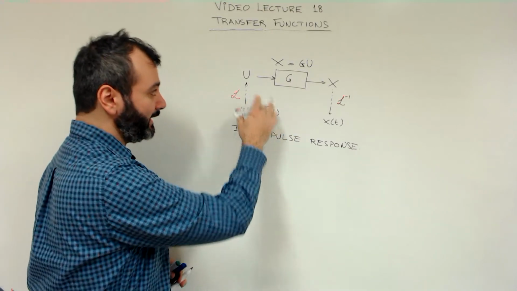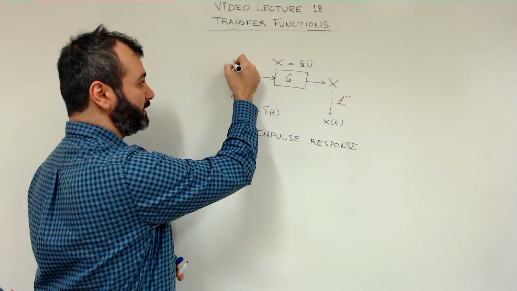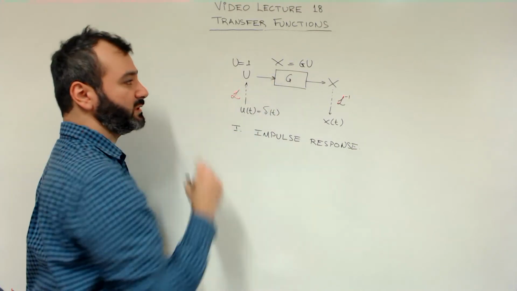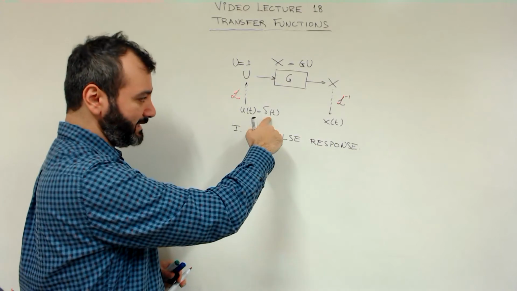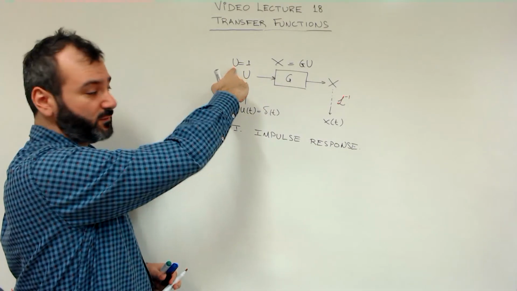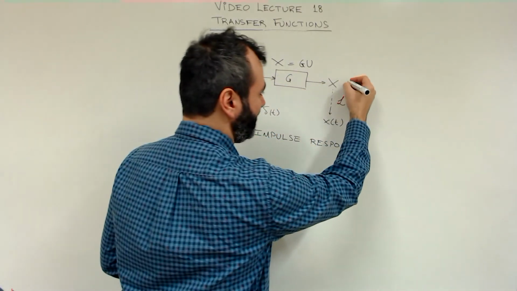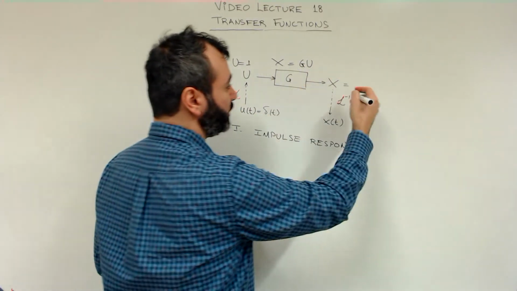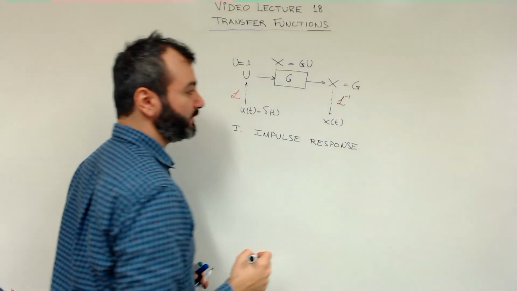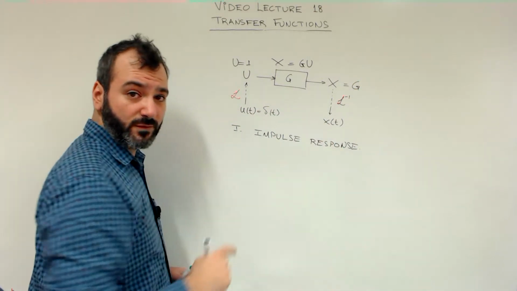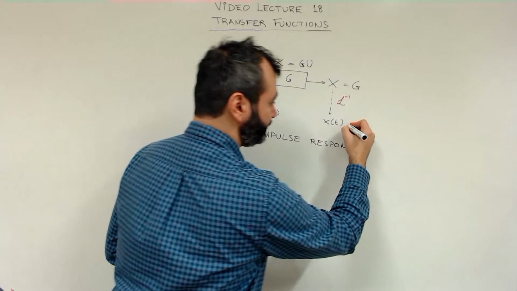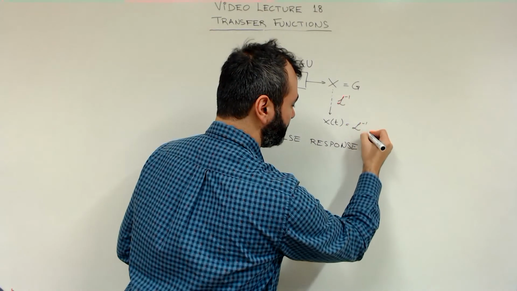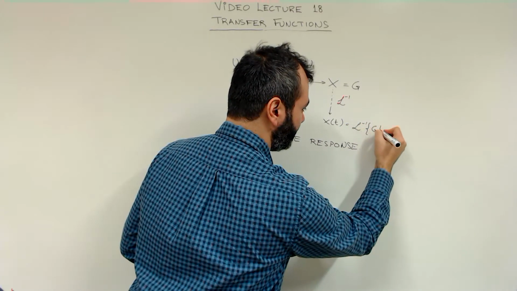Delta produces the Laplace signal u equals 1. If u lowercase is delta, then the Laplace transform of delta is 1, and then x becomes g times u, right? But u is equal to 1, so x becomes equal to g. And then the response of the system will be the inverse Laplace transform of g uppercase.